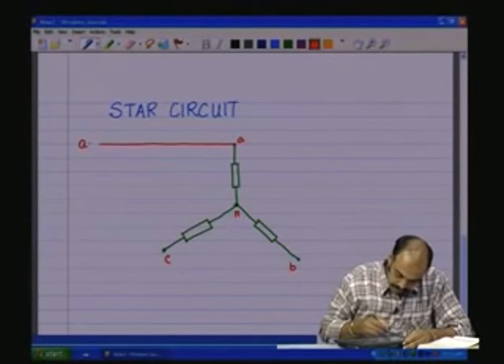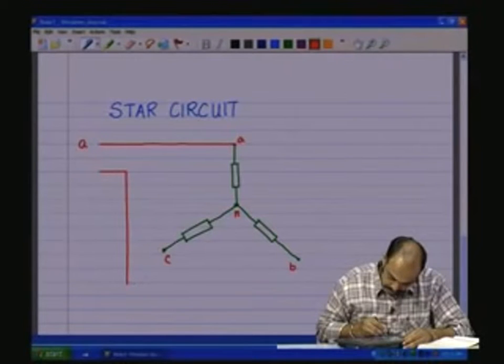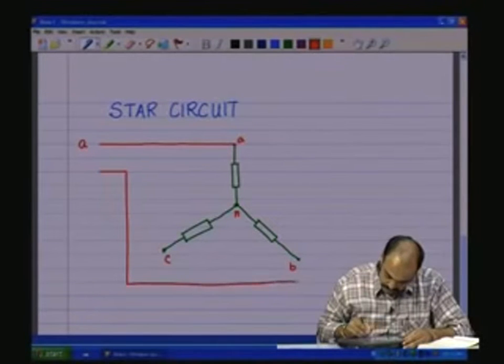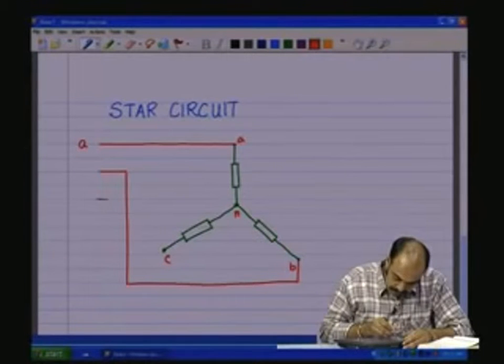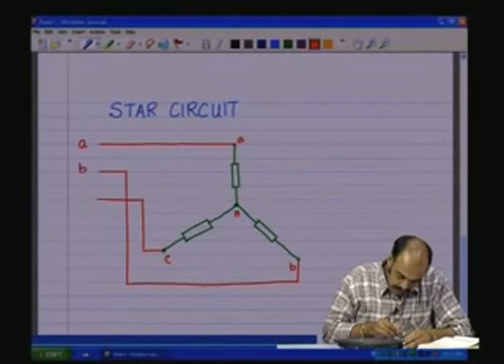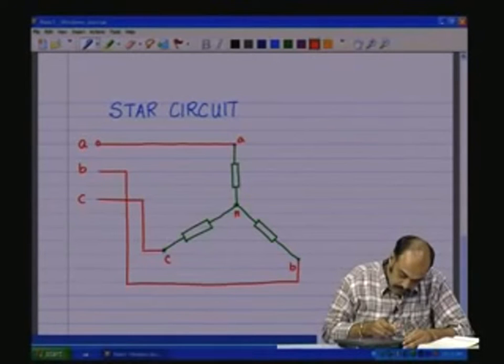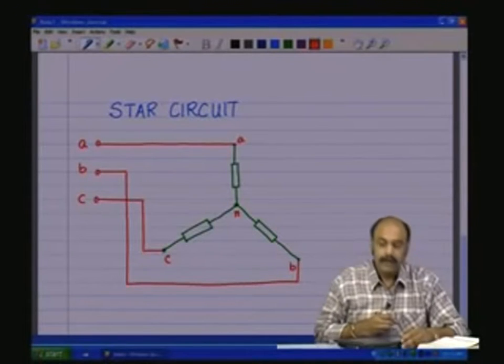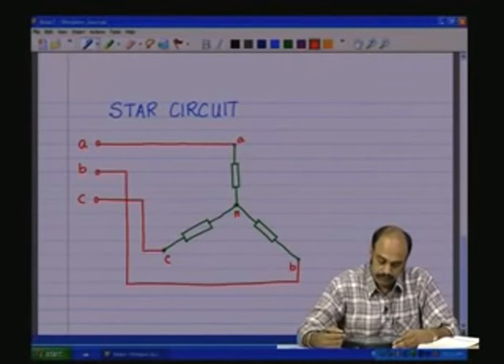This is A, B has to be connected to B, B gets connected to B, and C gets connected to C. So, A, B, C, these are the 3 terminals of the 3 phase load which are brought out.